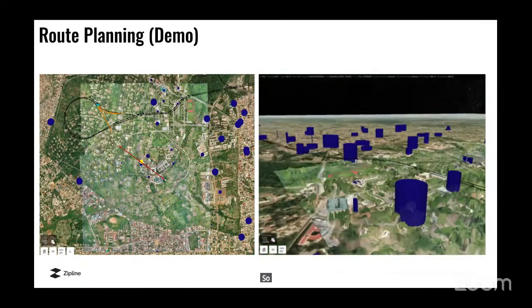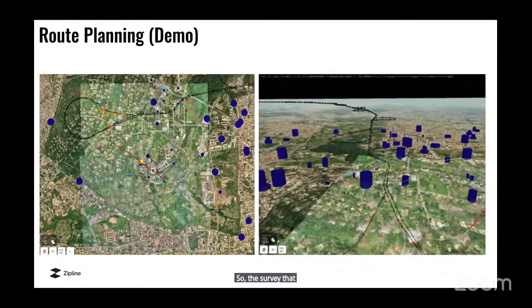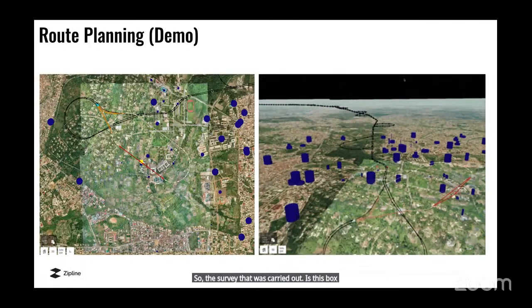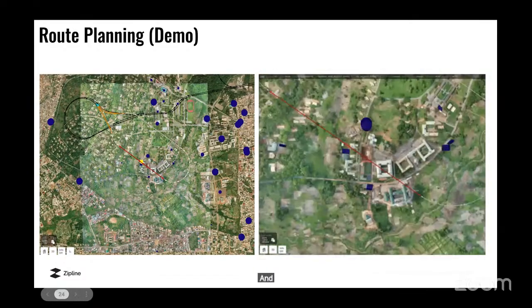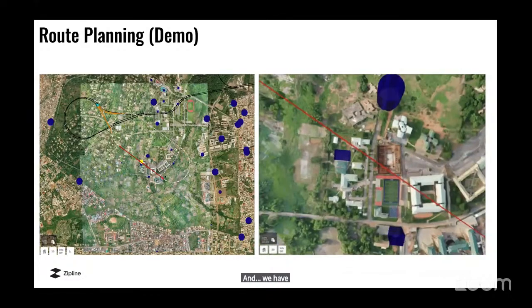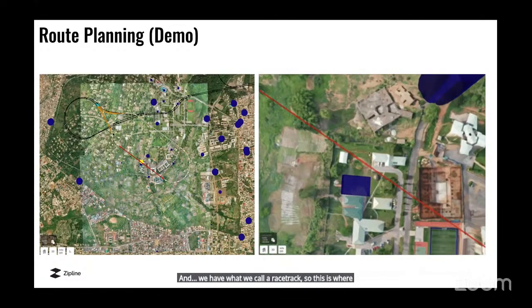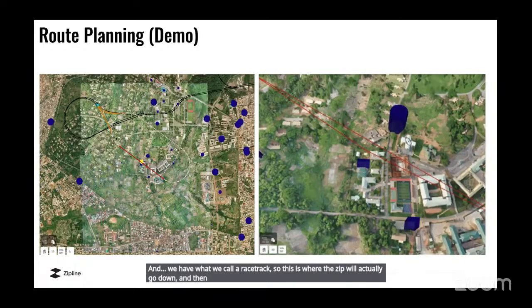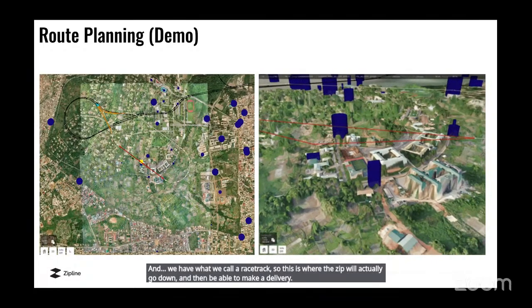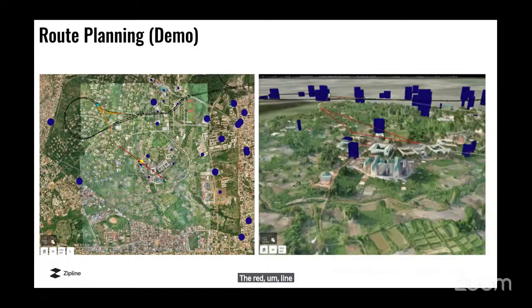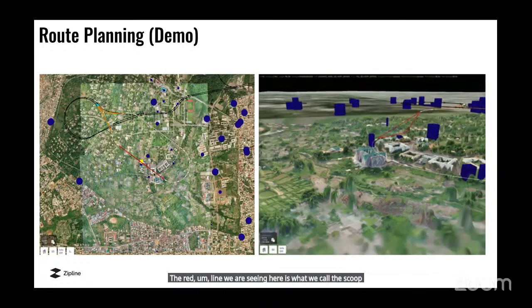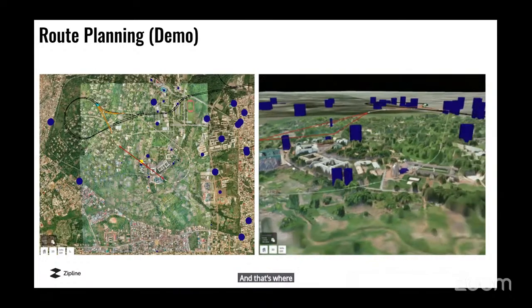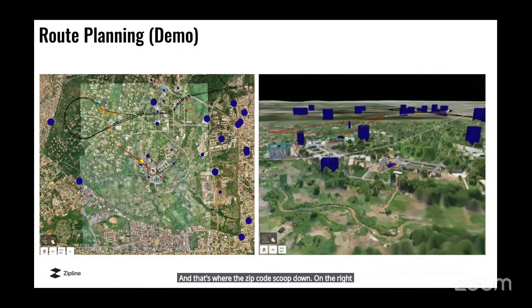So the survey that was carried out is this box that we are seeing, and we have what we call a racetrack. So this is where the zip will actually go down and then be able to make a delivery. The red line we are seeing here is what we call the scoop, like I mentioned, and that's where the zip would scoop down.